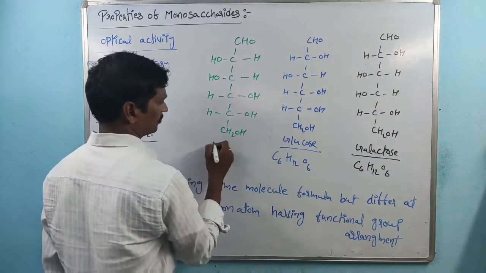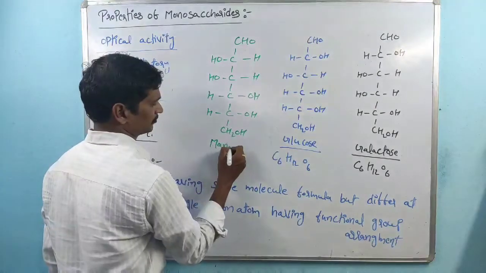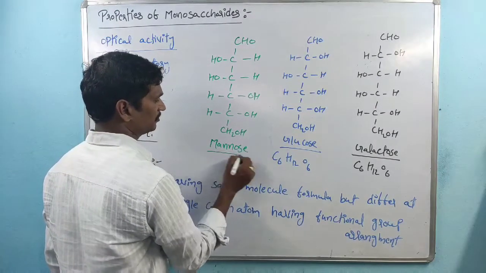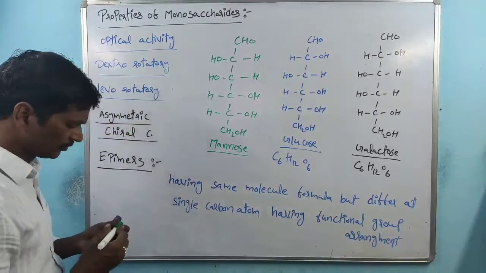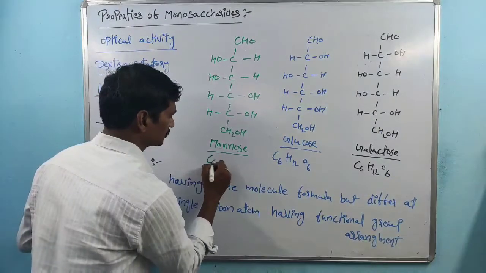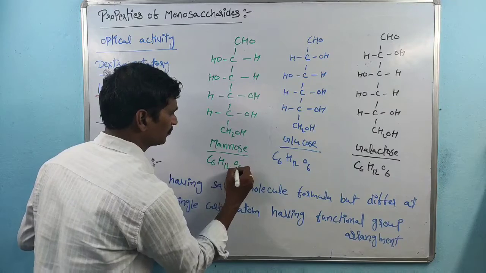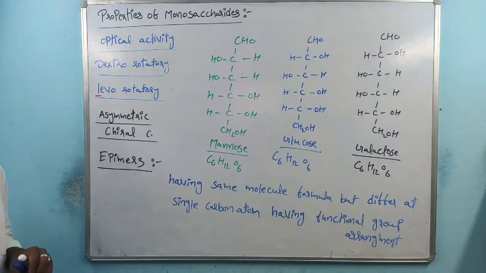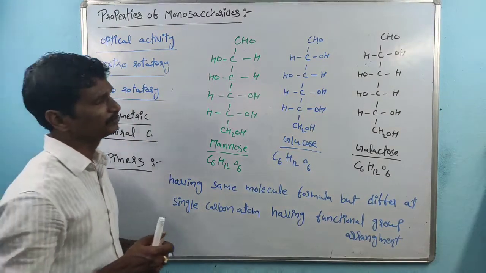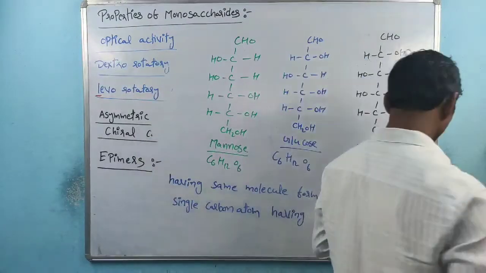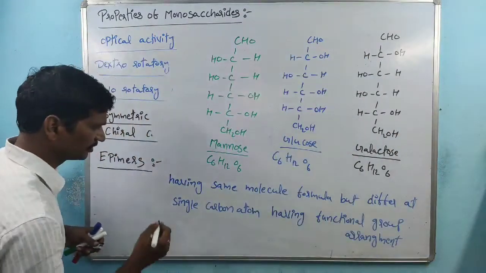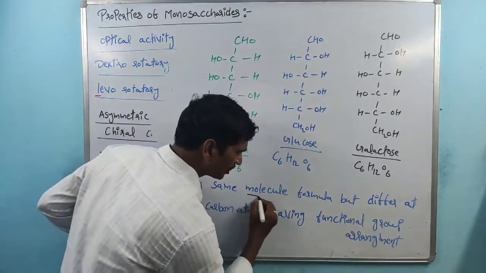This is the structure of mannose. Its molecular formula is C6H12O6, right?